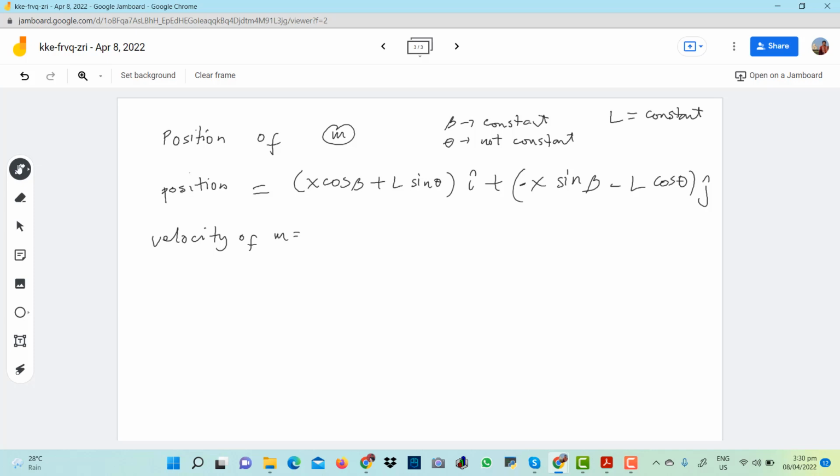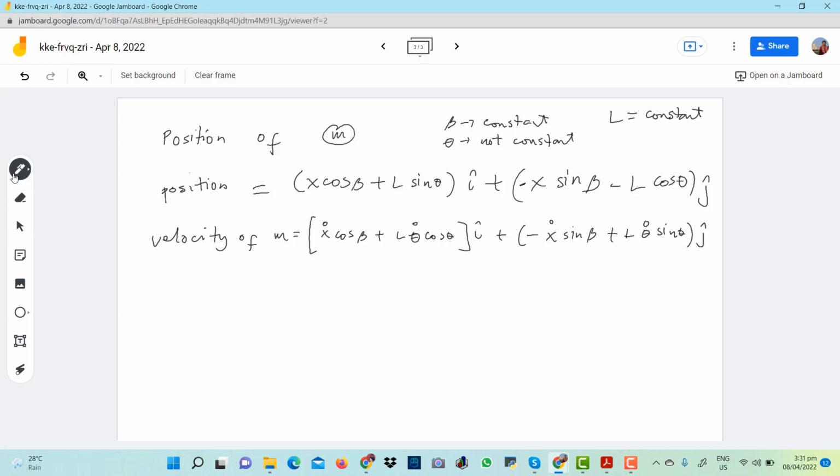So taking the derivative, I have x dot cosine of beta plus L cosine of theta theta dot, i hat, plus minus x dot sine of beta, plus because the derivative of cosine is minus sine, L theta dot sine of theta, j hat.